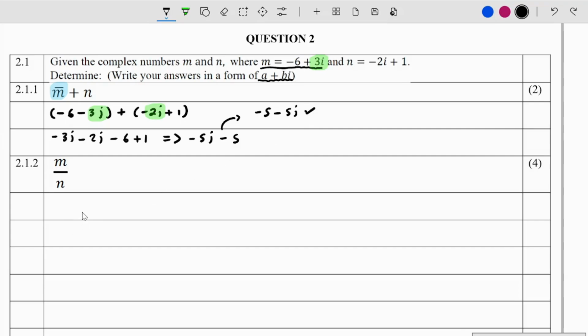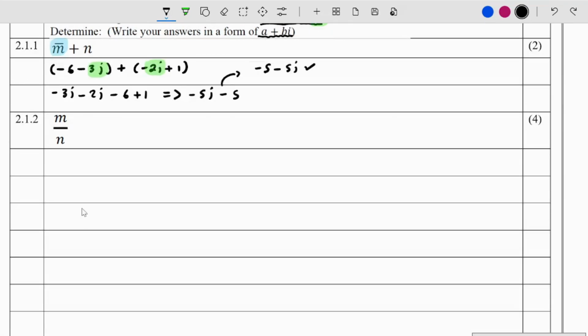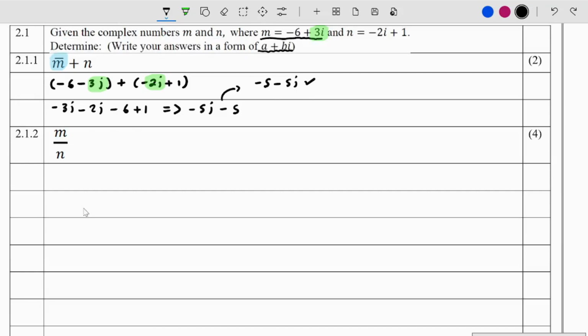And then in the second one, it says determine m divided by n. In this case, we're not going to use any form of conjugate. We're simply going to use the original ones given in the question. So m is negative 6 plus 3i, and you're going to divide that by negative 2i plus 1.